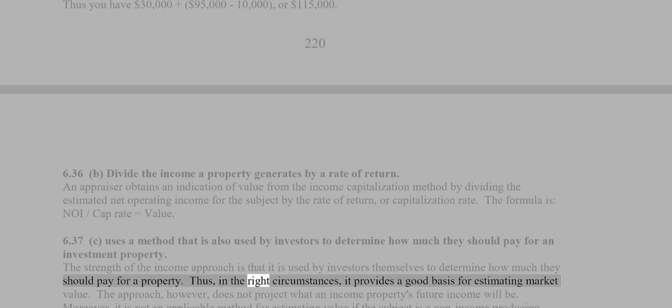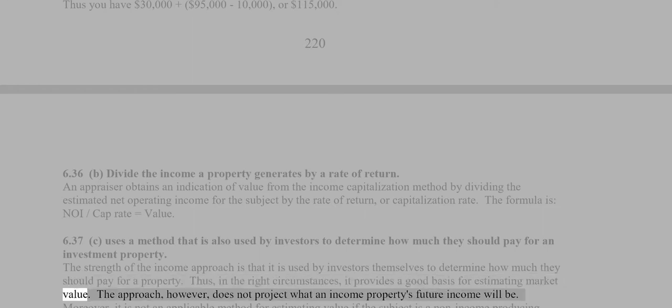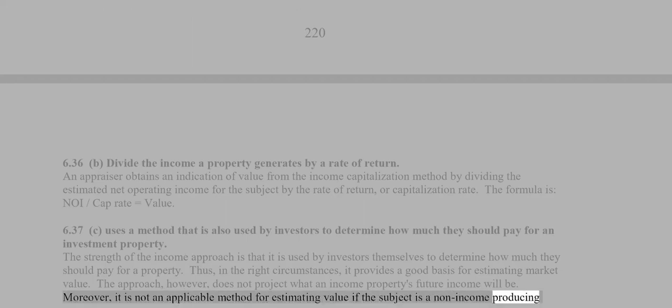Thus, in the right circumstances, it provides a good basis for estimating market value. The approach, however, does not project what an income property's future income will be. Moreover, it is not an applicable method for estimating value if the subject is a non-income producing property.